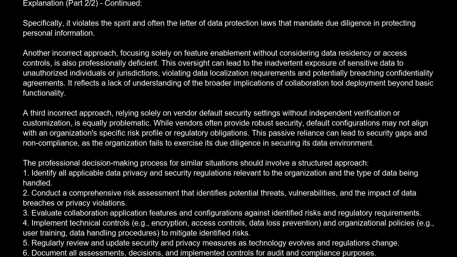Implement technical controls, e.g., encryption, access controls, data loss prevention, and organizational policies, e.g., user training, data handling procedures to mitigate identified risks. 5. Regularly review and update security and privacy measures as technology evolves and regulations change. 6. Document all assessments, decisions, and implemented controls for audit and compliance purposes.